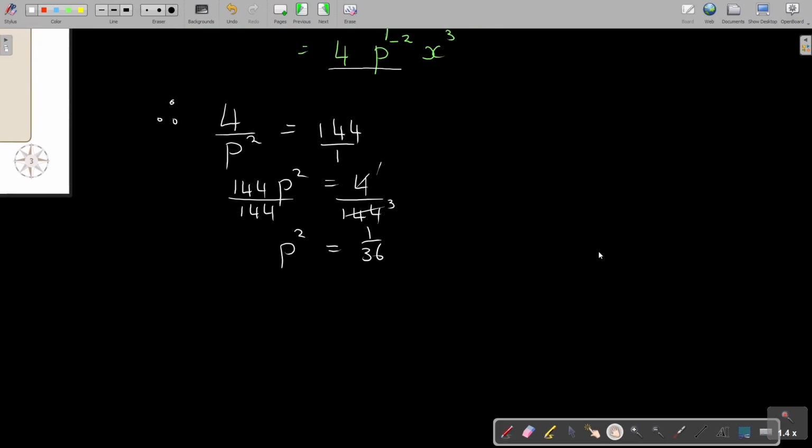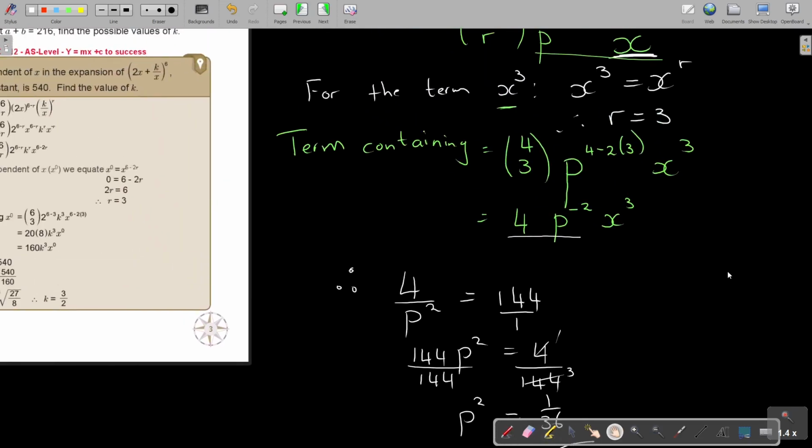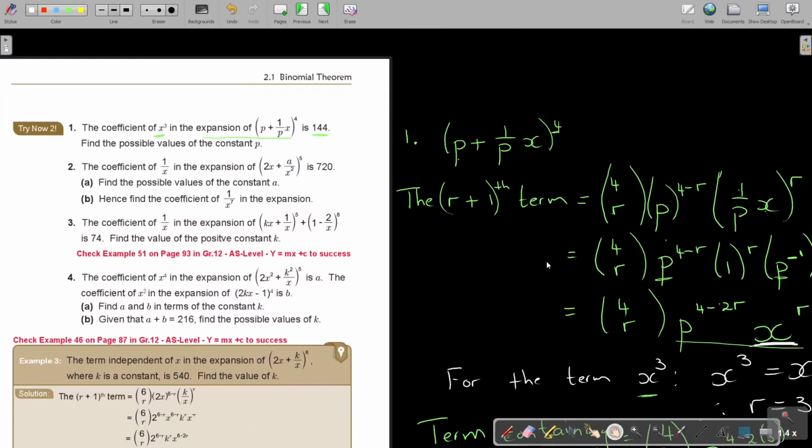And then, don't forget, it's just p, so therefore p is plus minus 1 over 36. And what will that be? Plus minus 1 over 6. Just always read the question again, because sometimes they just ask the positive value. But if I read it again, so find the possible values. So that's meaning the positive and the negative of the constant p. And that's how you do number 1.